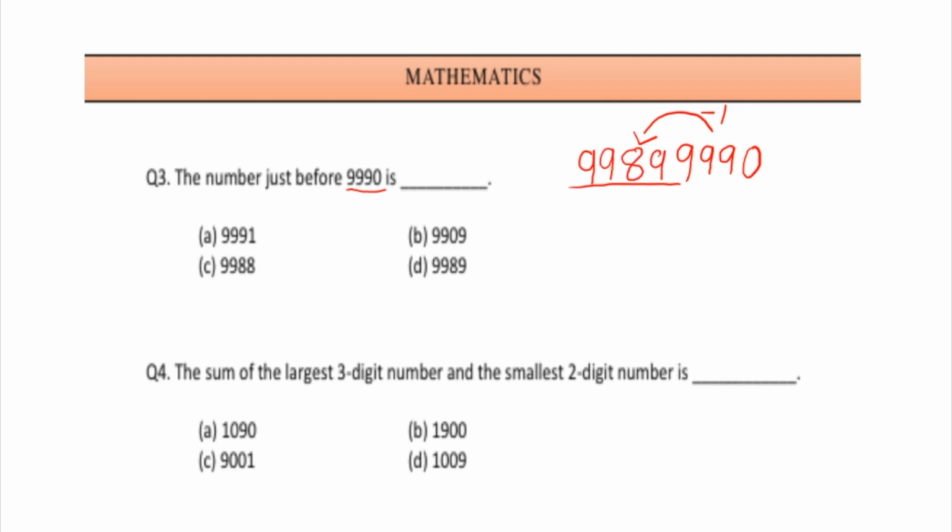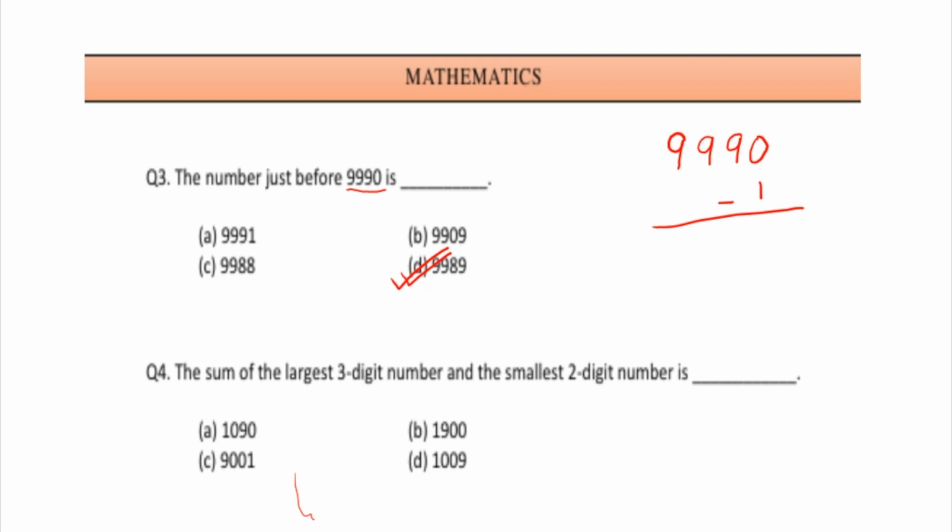So the correct answer will be D. But if you can't do it simply, you can just subtract 1 from 9990. 0 minus 1, we borrow, so 10 minus 1 is 9. Then 9 becomes 8. So 9, 8, 9. So the correct answer is option D.